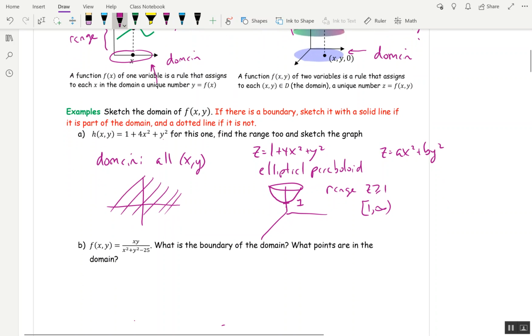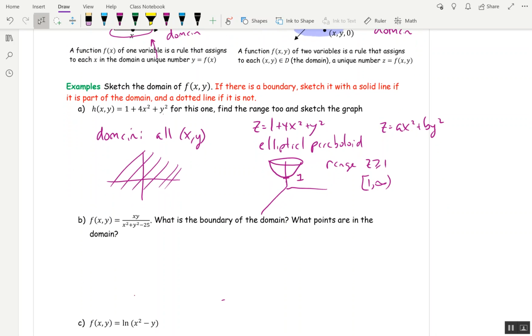Okay, let's look at one where there are some issues. The domain's a little bit more interesting. This first one's a fraction. Don't worry, I wouldn't expect you to be able to graph that. If you had to graph that, you would want to go to 3D Calc and do it with technology. But we can graph the domain. What we need is that the denominator should not be 0. So x squared plus y squared minus 25 can't be 0.